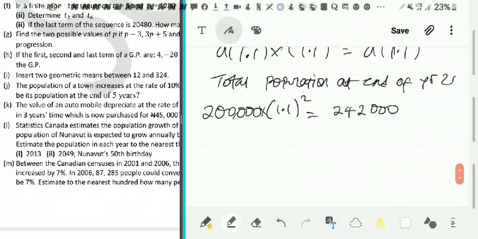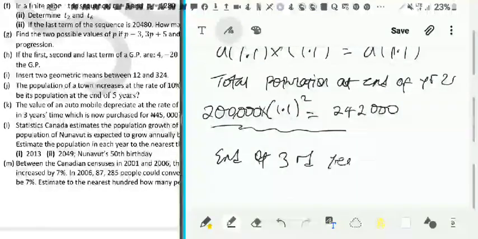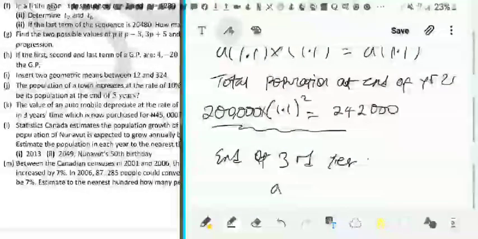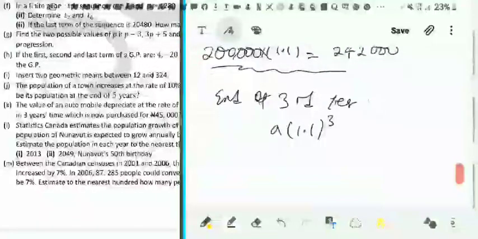For the next questions, I won't do all this, I'll just go straight to the point. If you follow this particular concept, at the end of the third year, the population will be A open bracket 1.1 cubed, then the end of the fourth year, and so on and so forth.